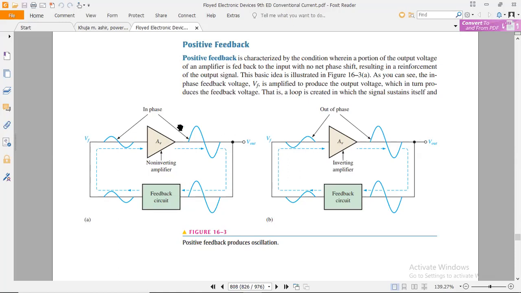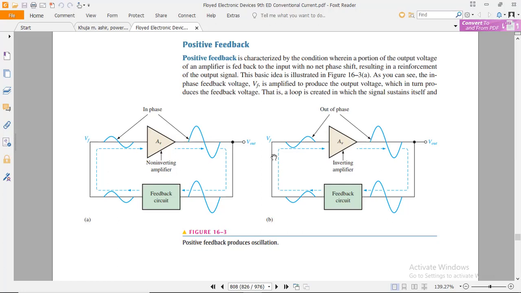So the simple phenomenon is fulfilled by this figure, and the non-inverting amplifier is chosen to fulfill this task, to keep the input and output signals in phase.